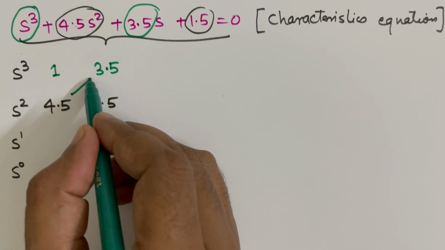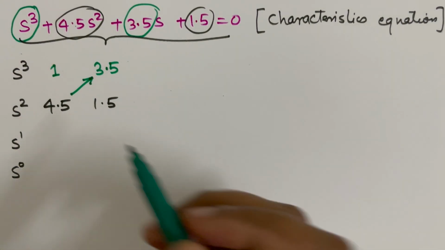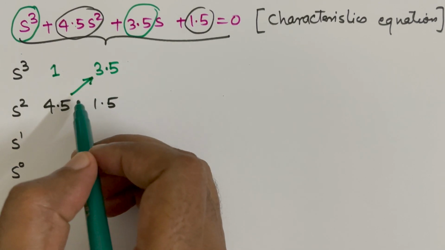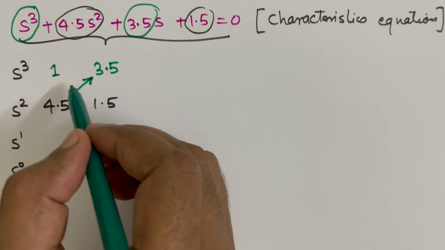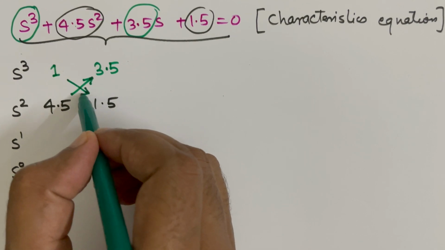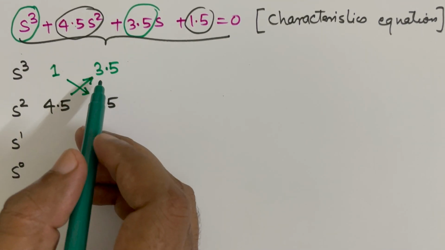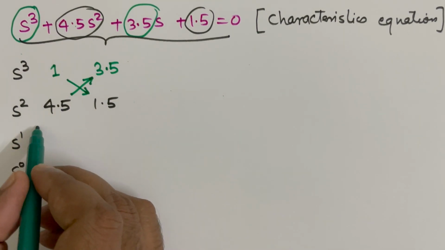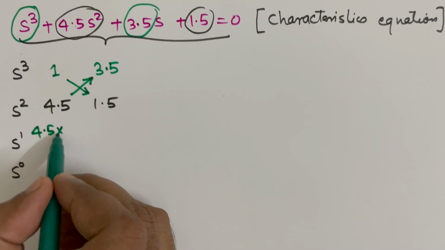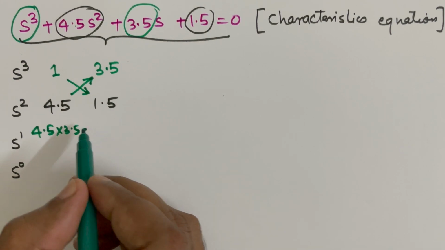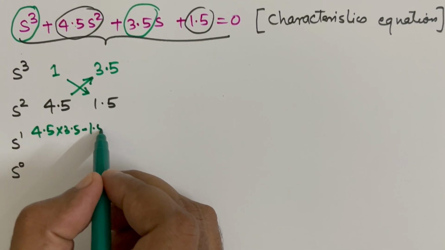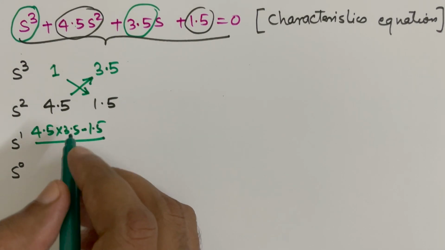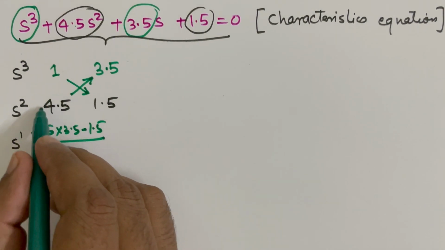So first, we calculate like this: 4.5 multiplied by 3.5 minus 1 into 1.5, that is 1.5, divided by this 4.5.